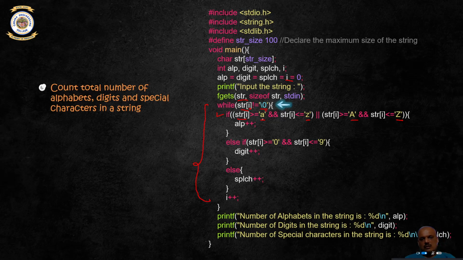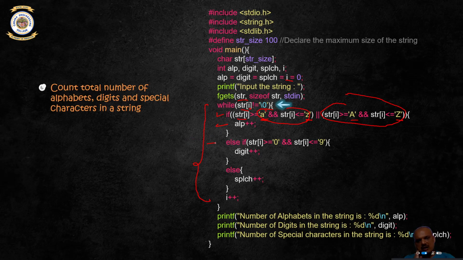So when you compare like this, the stored ASCII value gets compared to the ASCII value of the character A. You see whether the first character lies between capital A and capital Z, or small a to small z. If the ASCII value stored here is in this range or in this range, then obviously it is a character, so it is an alphabet. So increment the alphabet count.